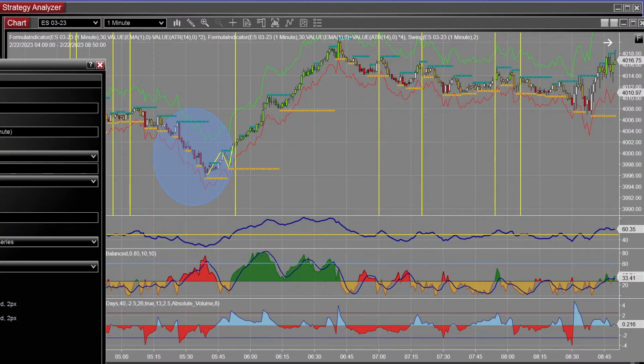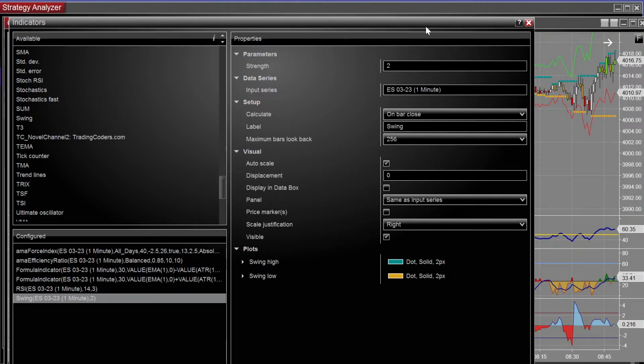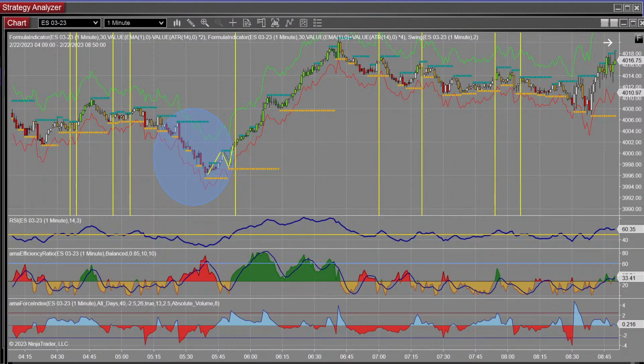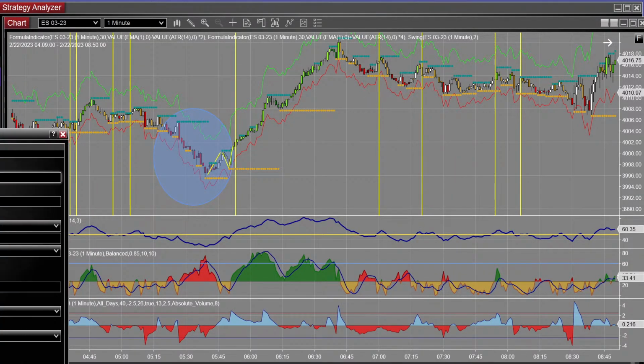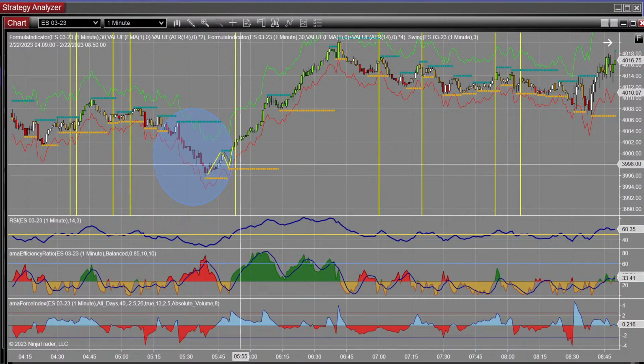What indicator did you pick for this? It's just called the swing. Okay. Let's give us the swings. Let's choose 3. Get a better visual. Okay. So there's that high y'all talking about.